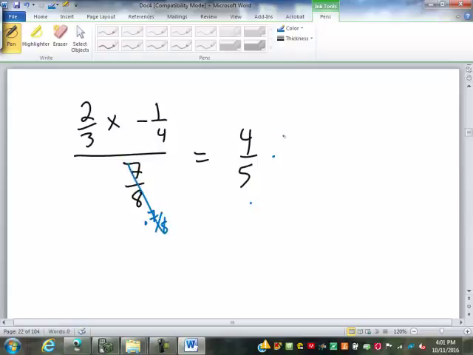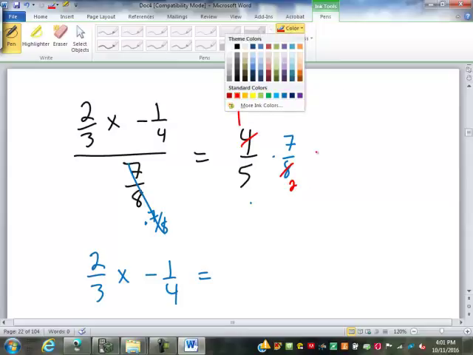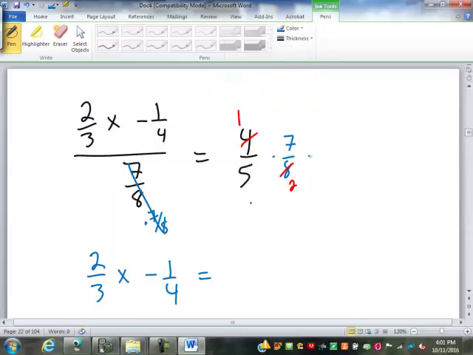So that's going to be gone. I'll put it up here, multiplying by 7/8 over there. So over here we've got 2/3 x minus 1/4. Here the 4 and the 8 are going to cross cancel, give me 2 and 1. 1 times 7 is 7. 5 times 2 is 10. 7 tenths.